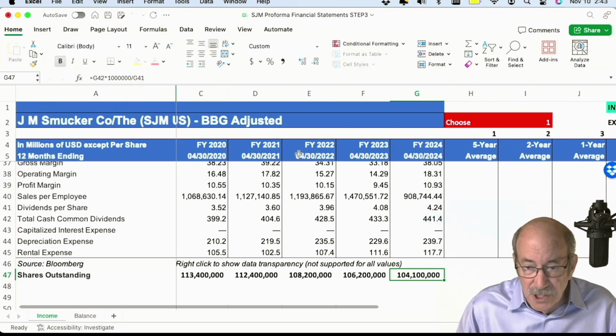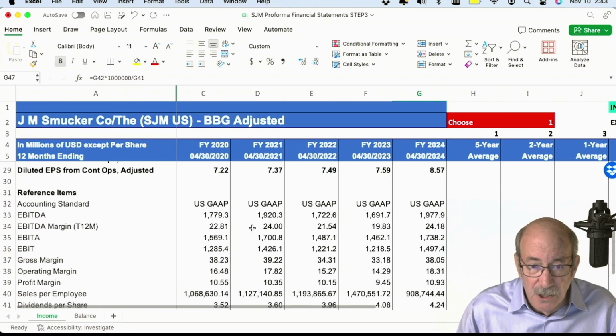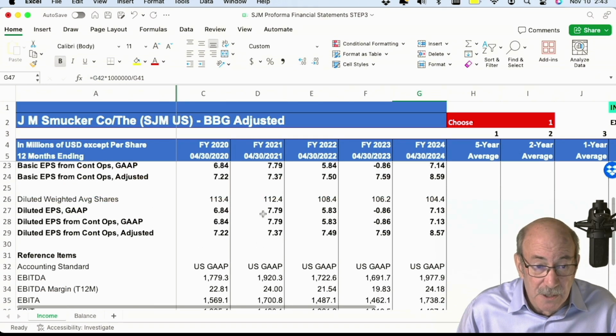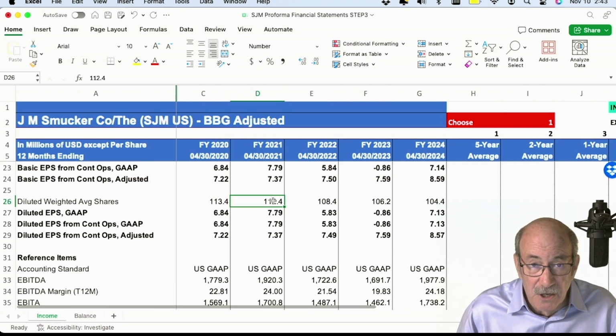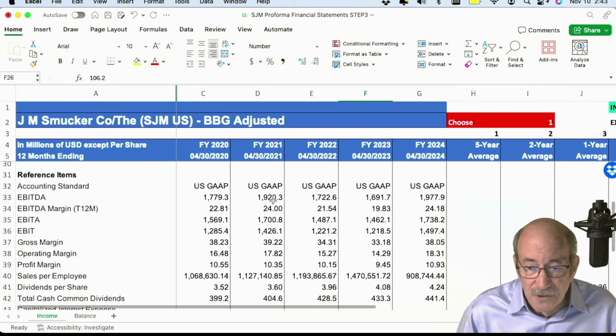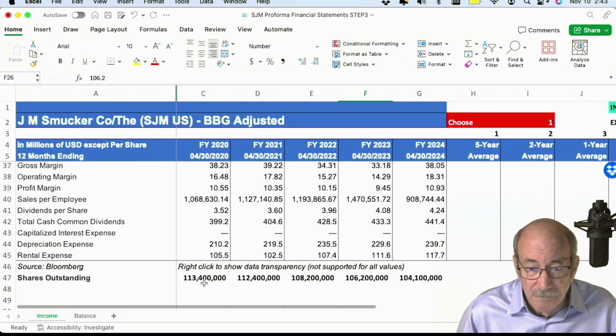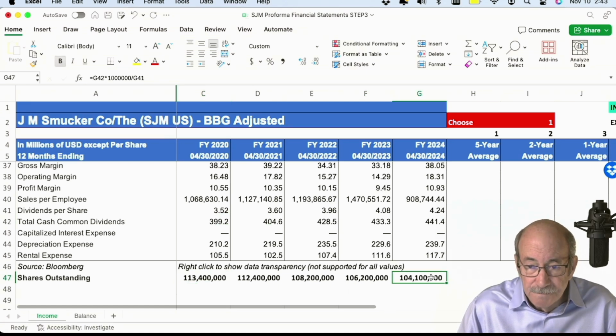You could actually use that number up here. It's probably, in all honesty, a better number because it's an average across the year. But you'll notice how these line up with what I got down here. I just happened to use these in my calculations, though.